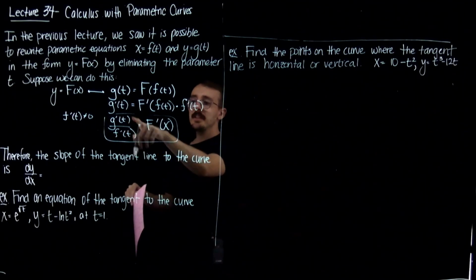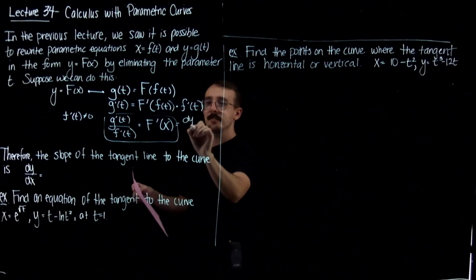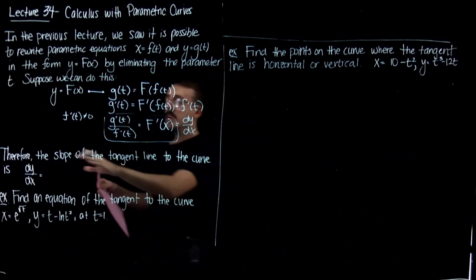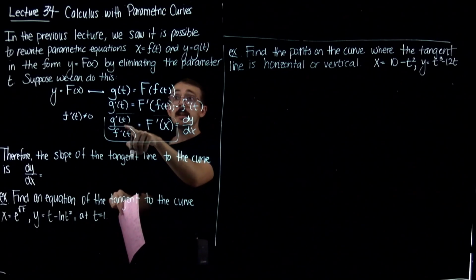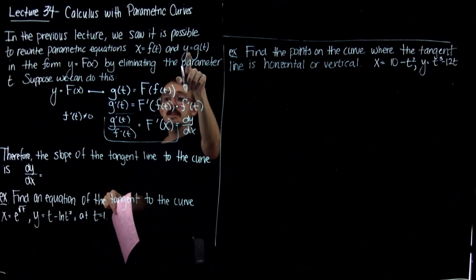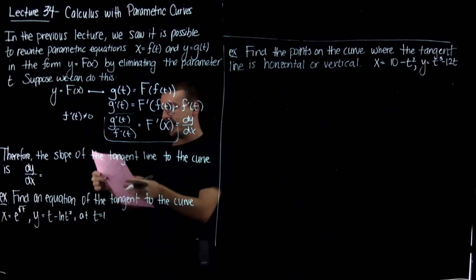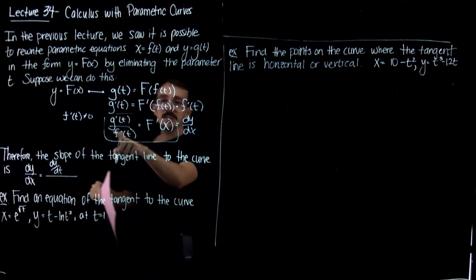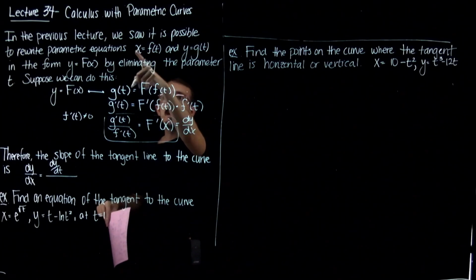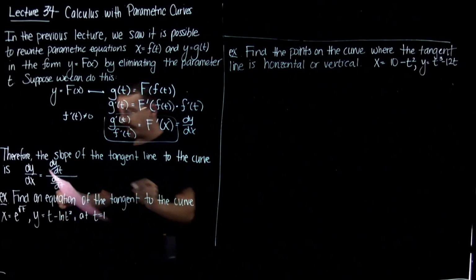So we have this form. However, we can rewrite this. So this right here is our dy dx. We can rewrite the slope of the curve as the following. So what is g prime of t? Well, that's just dy dt. That's the derivative of this equation right here with respect to t. So this is going to be dy dt divided by, and then what is this f prime of t? Well, that's the derivative of x with respect to t. So this is dx dt.